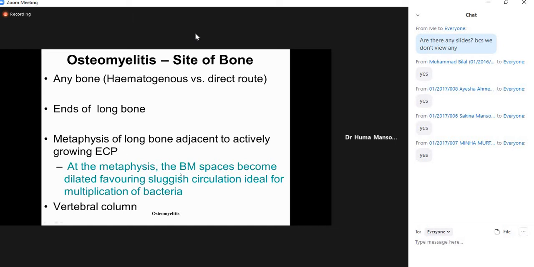At the metaphysis, the bone marrow space becomes dilated, favoring sluggish circulation, ideal for multiplication of bacteria. It can also affect the vertebral column, as happens in Pott's disease. So the commonest site in osteomyelitis is the metaphysis of the long bones.